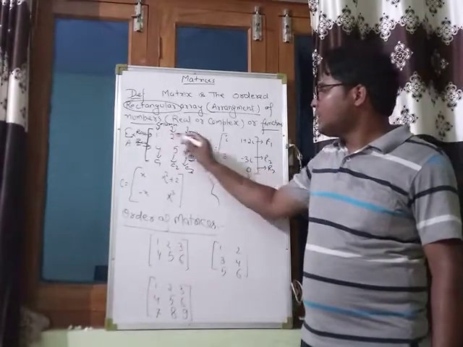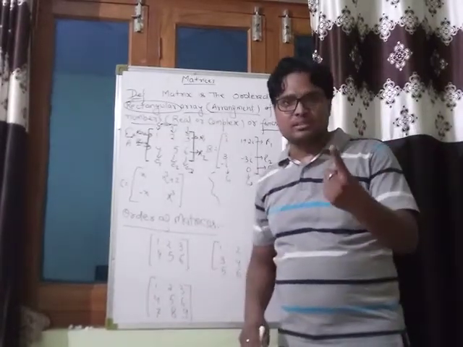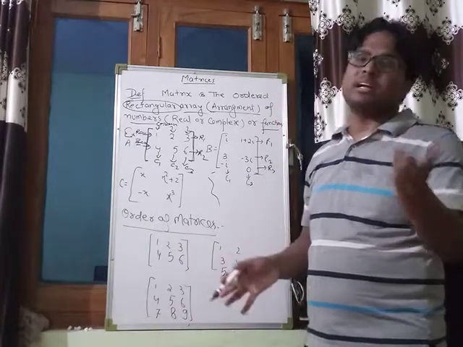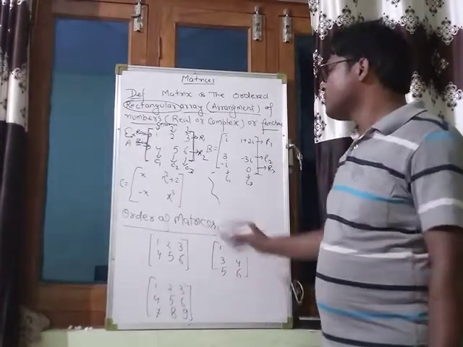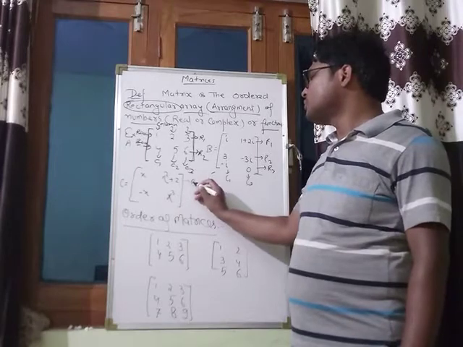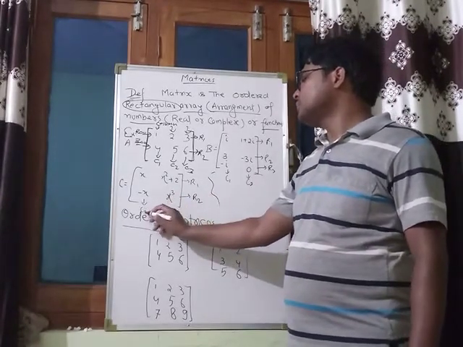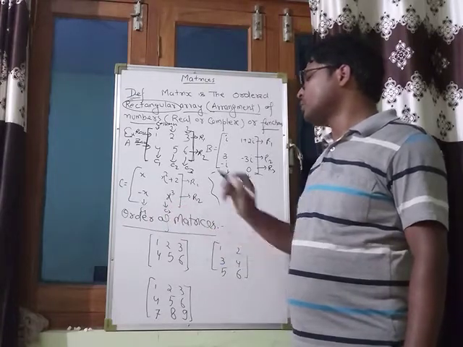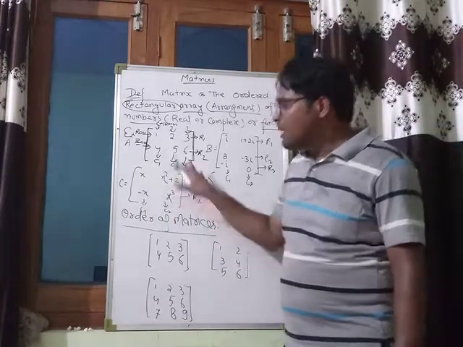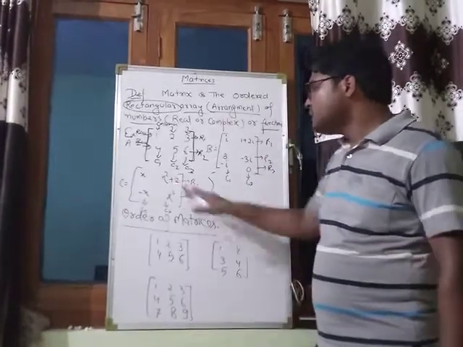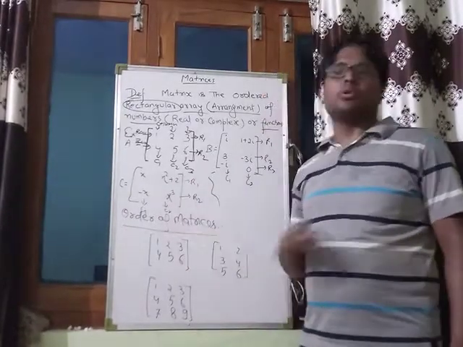And these are called entries of the matrix, or elements of the matrix. You can see this one, first row, second row, first column, second column. So this matrix represented by capital C has 2 rows and 2 columns.